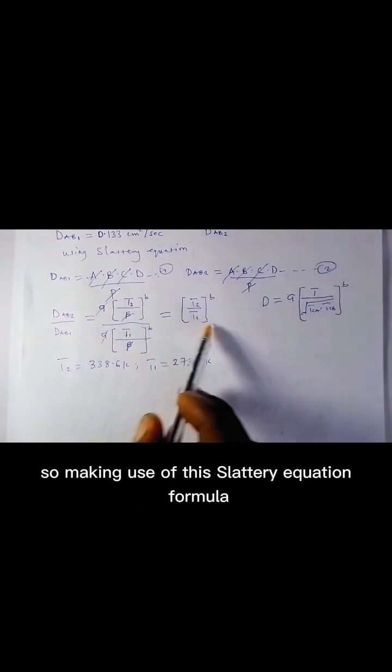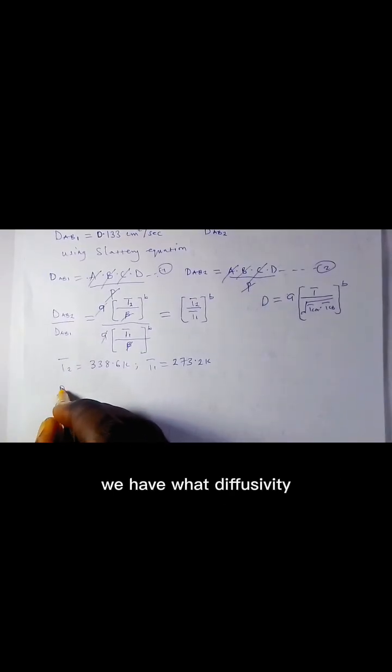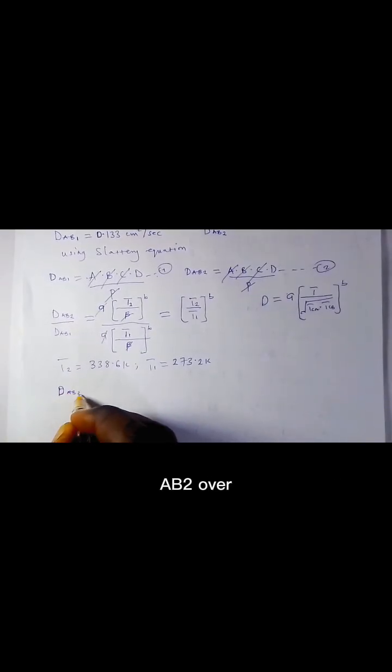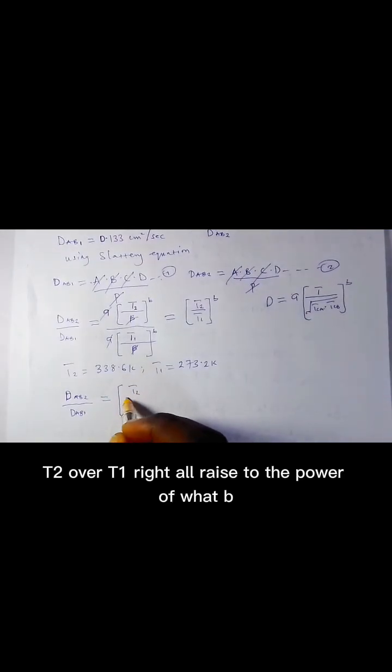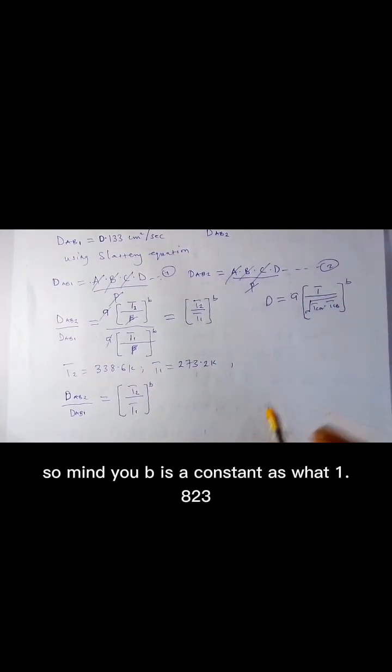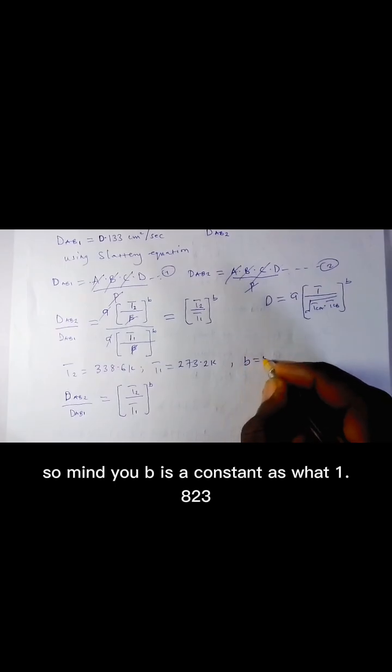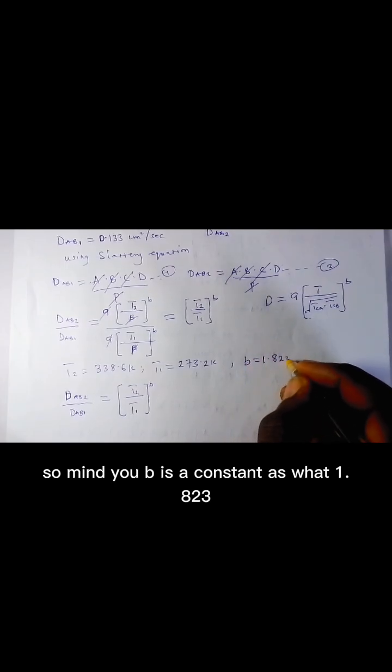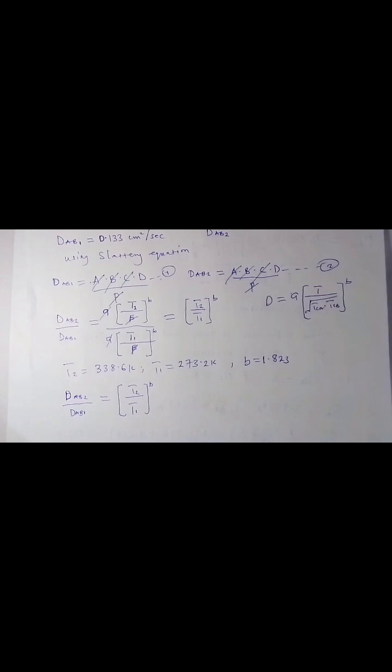Making use of this Slattery equation formula, we have diffusivity AB2 over diffusivity AB1 equal to T2 over T1, raised to the power of B. Mind you, B is a constant, 1.823. You understand?